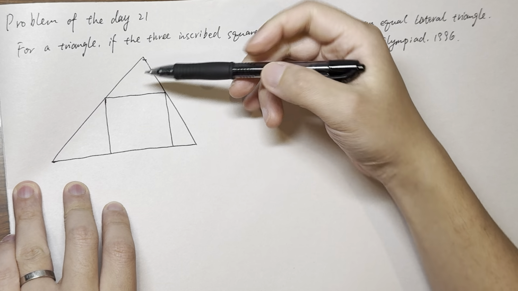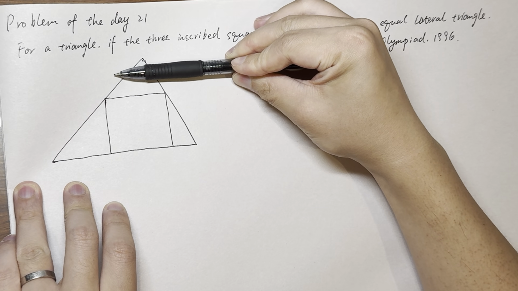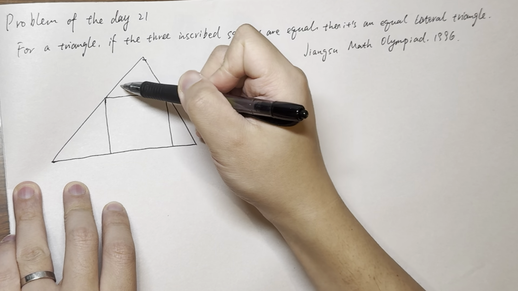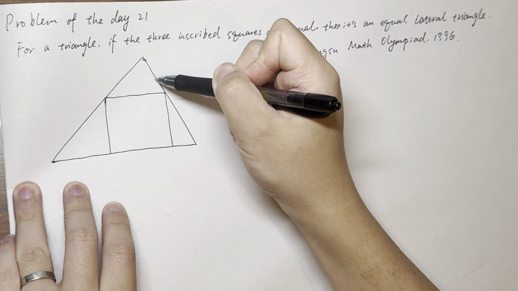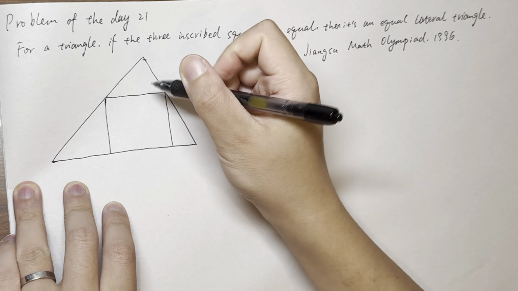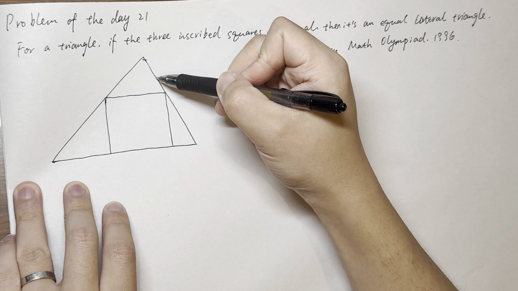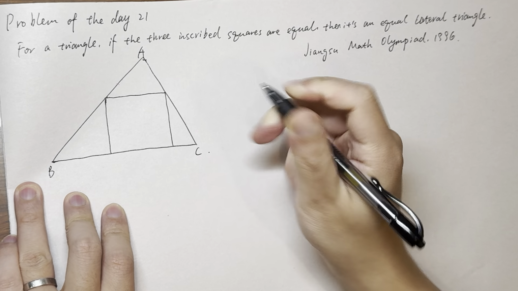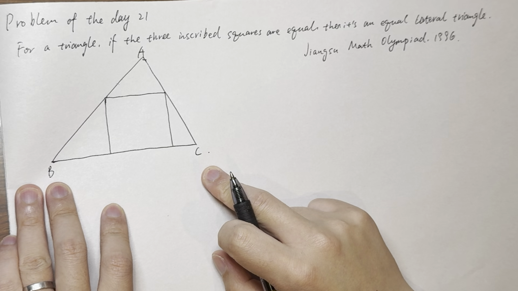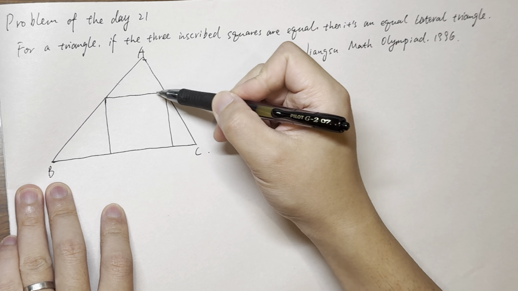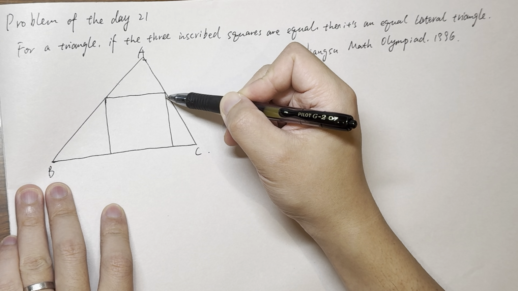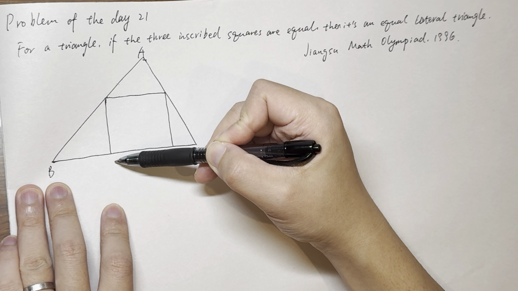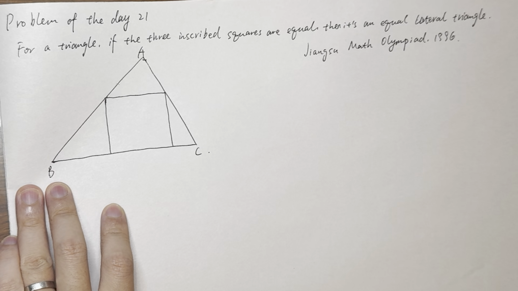For each parallel line, I will check its length and the distance from this parallel line to the BC side. Once the length of the parallel line equals the distance to the BC side, then we call it an inscribed square.